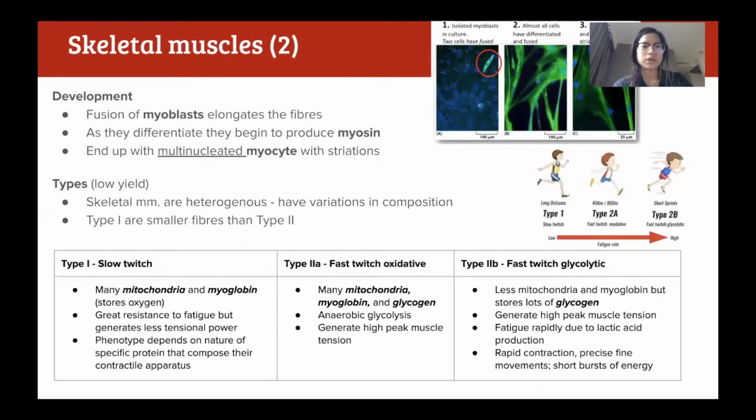The development of skeletal muscles involves myoblasts, which you could call the precursor of a myocyte, a muscle cell. They fuse to elongate the fiber. Instead of one myoblast growing to be really long into a muscle fiber, that's not how it works.